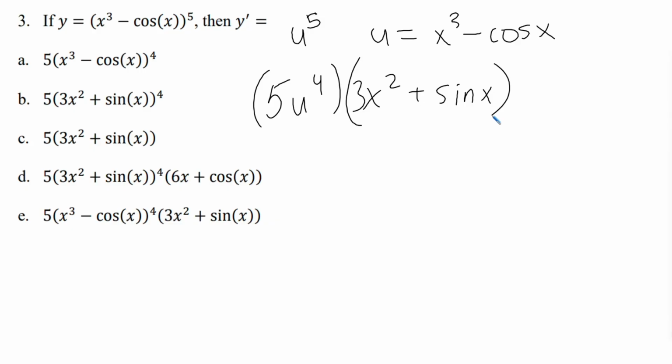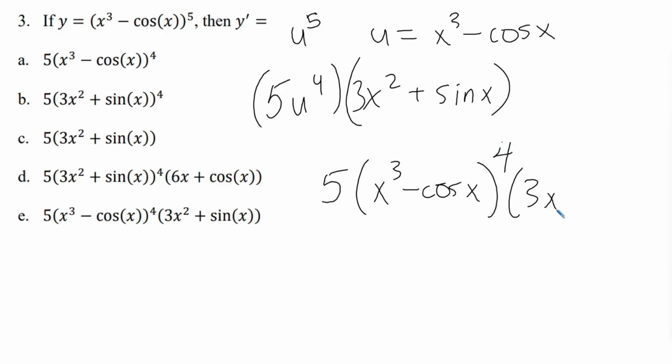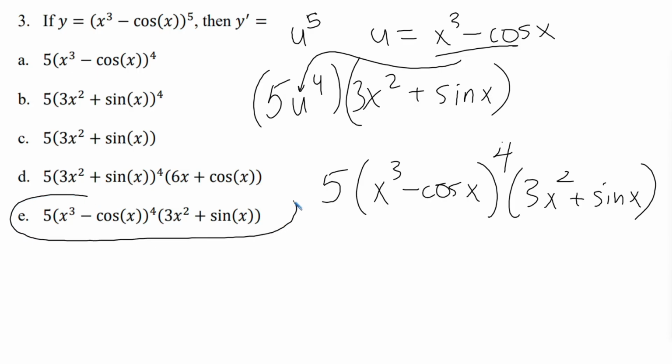And since u was x cubed minus cosine x, it should be 5 times x cubed minus cosine x to the 4th power times 3x squared plus sine x, right? We just substitute our u into our derivative. And so it looks like that is option E.